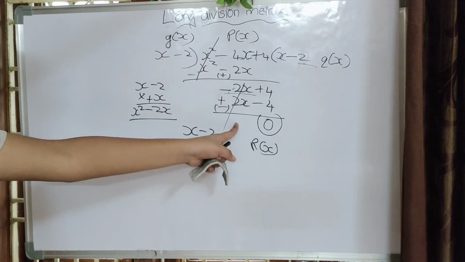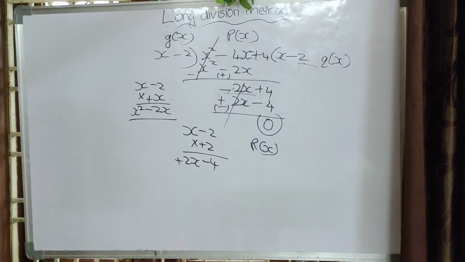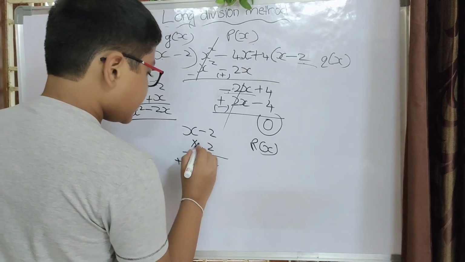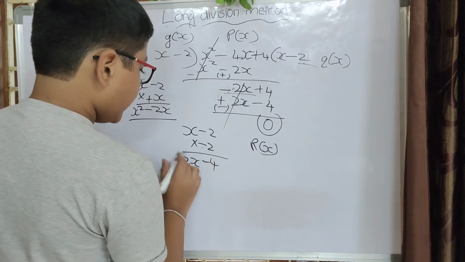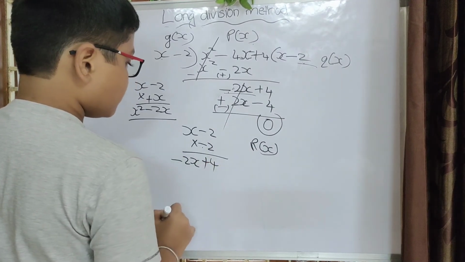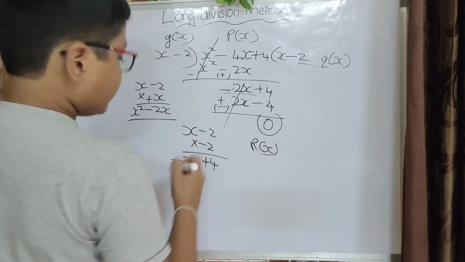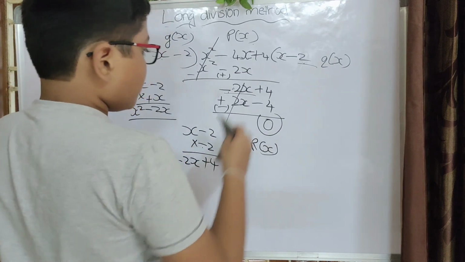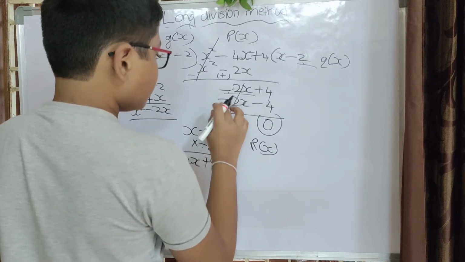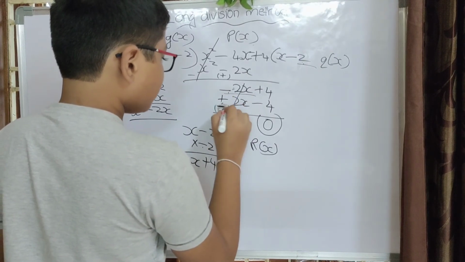Let's see this one again. Here it is not plus, I made a mistake. Here it is minus, so here also minus only. Minus into minus is plus. So this will become minus, this will become plus, this will become minus.